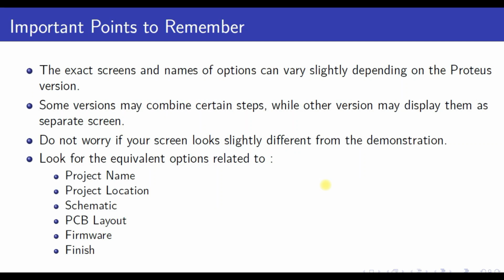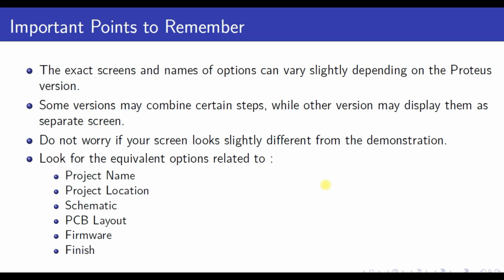Now, the important point you have to remember here is that the exact screens and the names of the options can vary slightly depending on the Proteus version. Some versions may combine certain steps, while other versions may display them as separate screens. Do not worry if your screen looks slightly different from the demonstration.